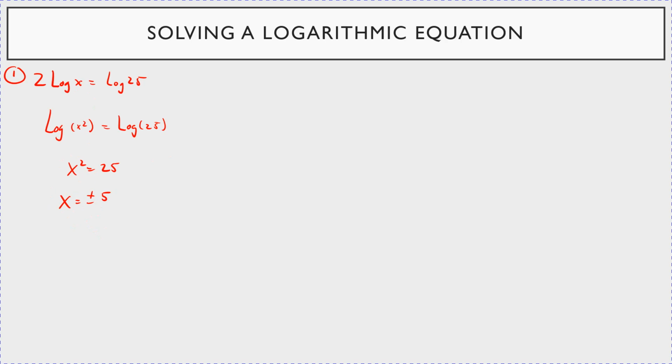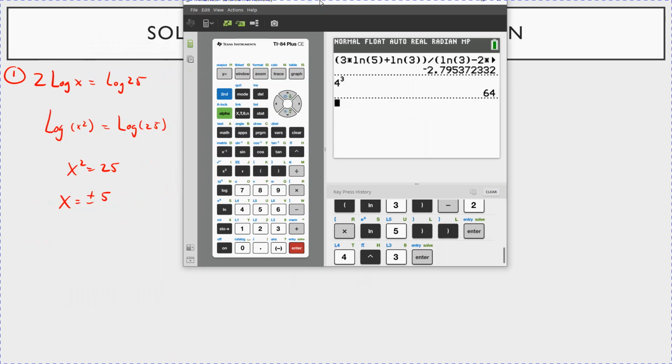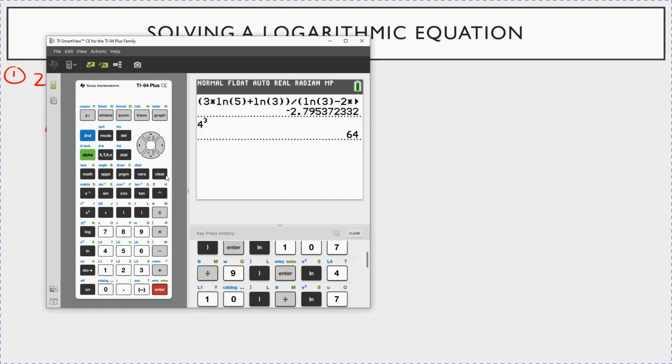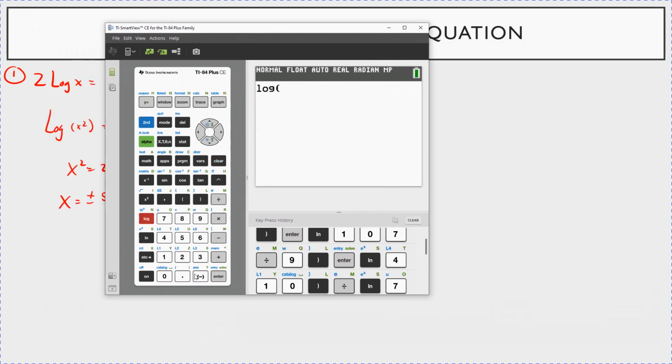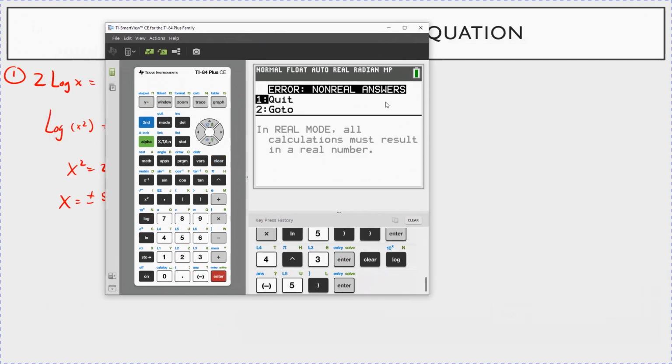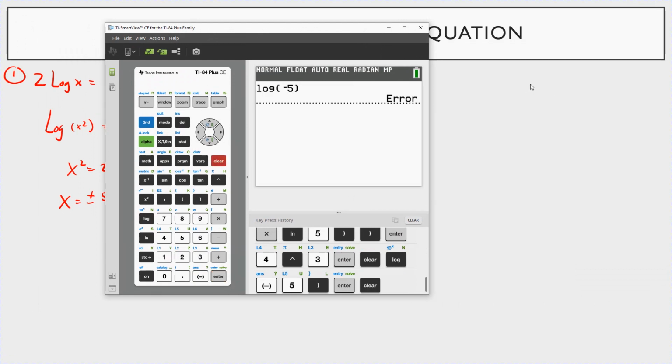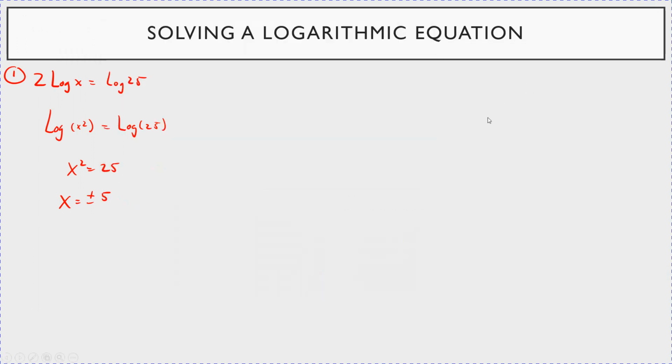But remember, you can't plug a negative into the log. Like watch, if you take your calculator and see what log of negative 5 is, you'll get an error, right? You can't do that. So you have to reject the negative 5, and your only solution is x is equal to 5. So we got it.